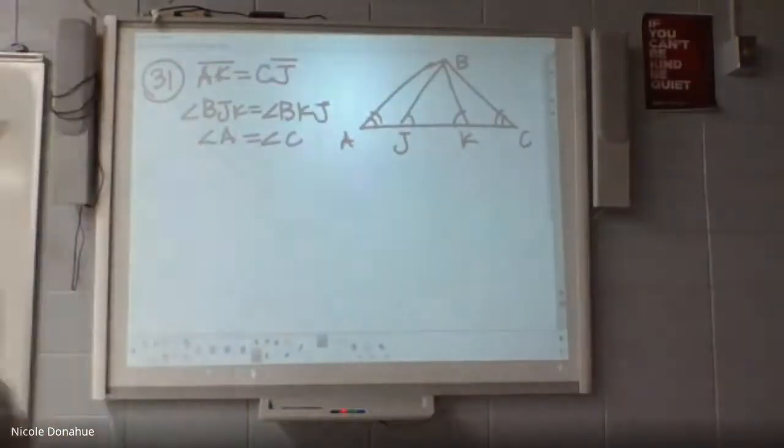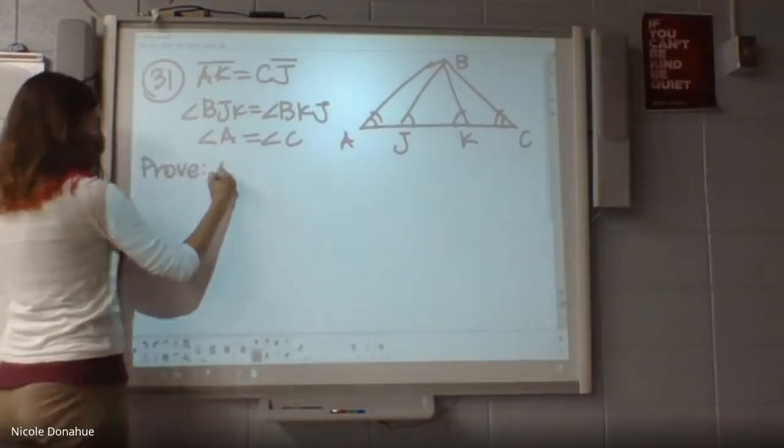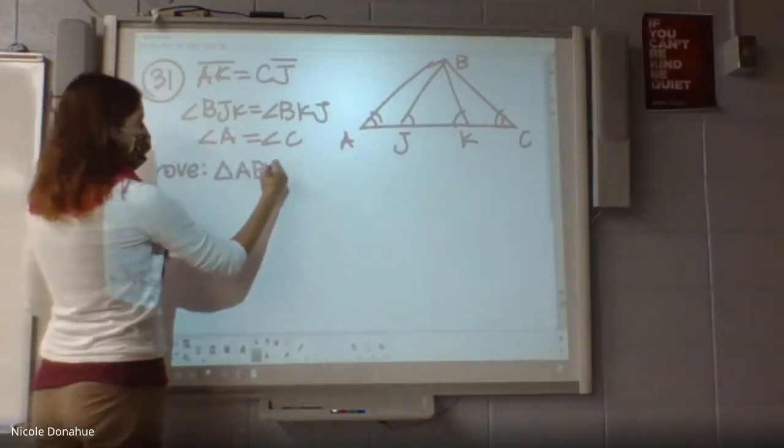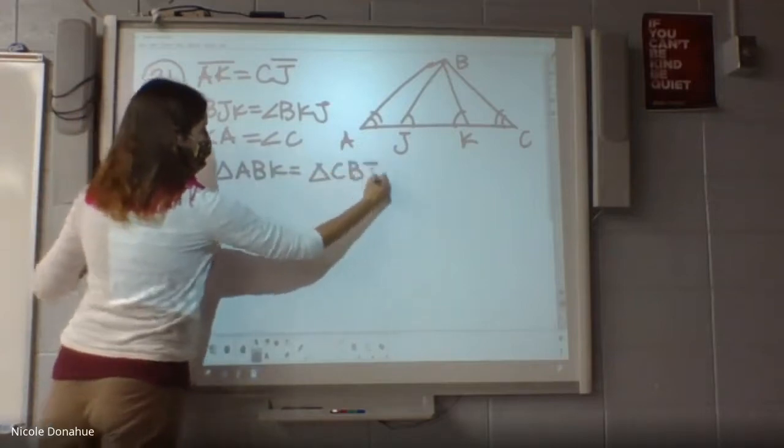What they're trying to prove is ABK equals CBJ. So we're trying to prove ABK equals CBJ.